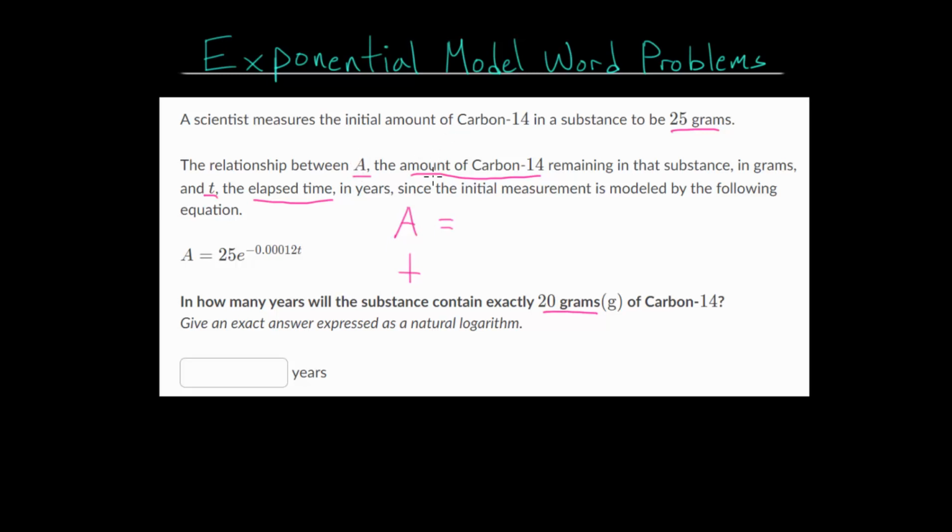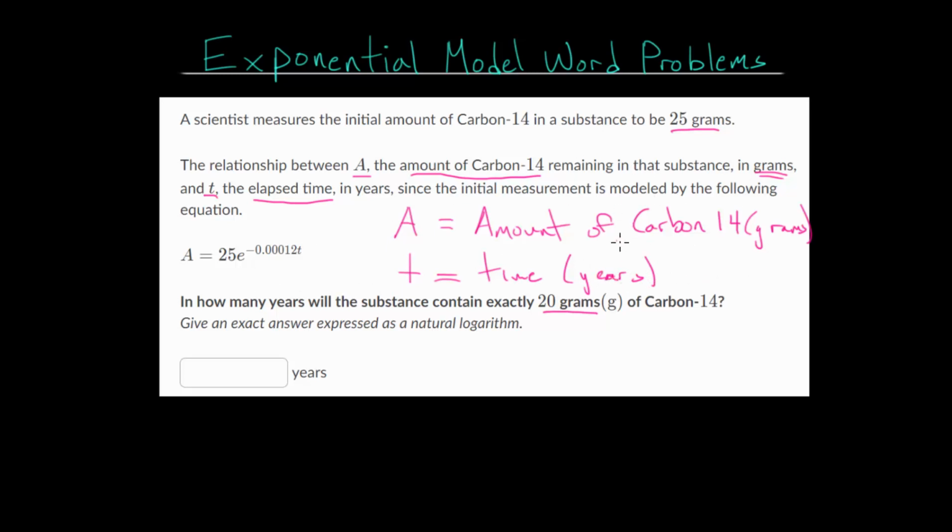A is the amount of carbon-14 remaining in the substance, measured in grams. It's also a good idea to write down what the units are. And T is the elapsed time in years. So T represents time, and the unit for that is years.